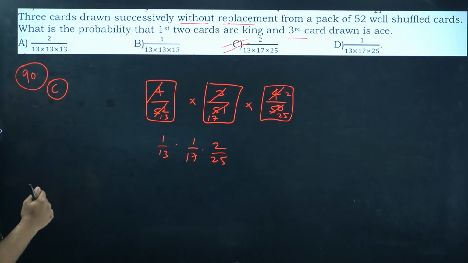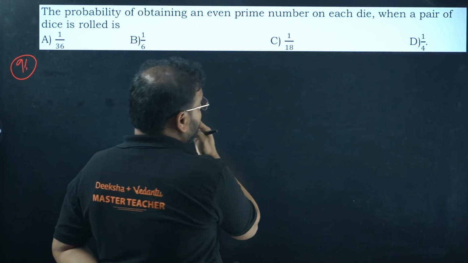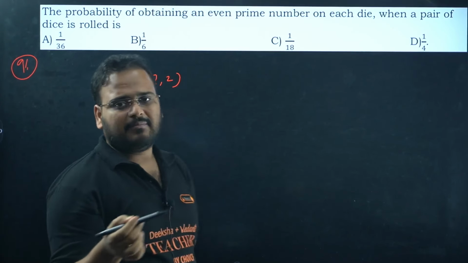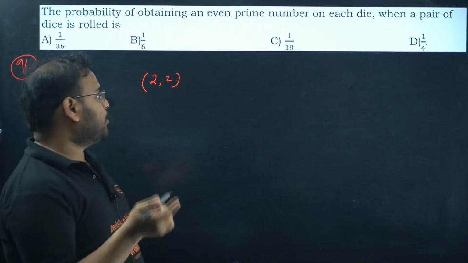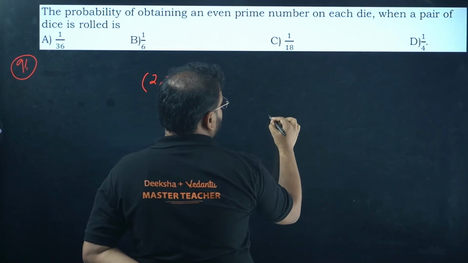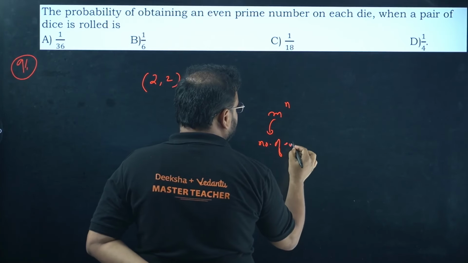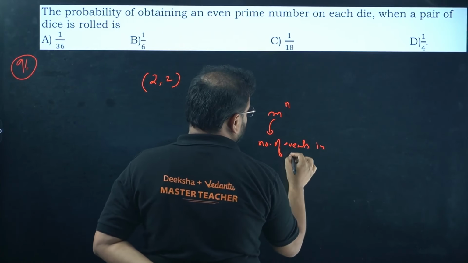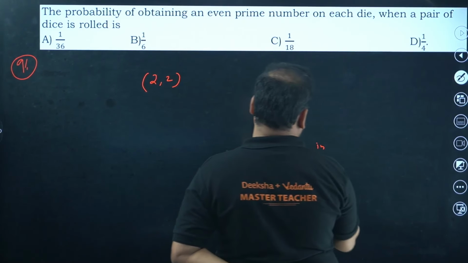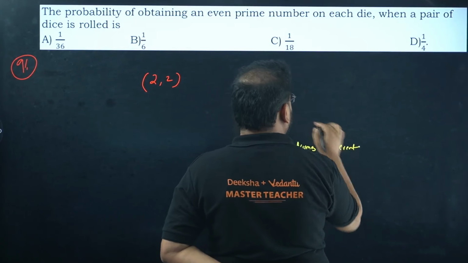Option is C. 91. The probability of obtaining an even prime number on each die when a pair of dice is thrown. Only one is there. 4 and 6 are even but not prime. So the only possibility is 2, 2. Total how many outcomes? We are throwing 2 dice. The formula is M to the power N, where M represents the number of outcomes in one event and N is the number of events.